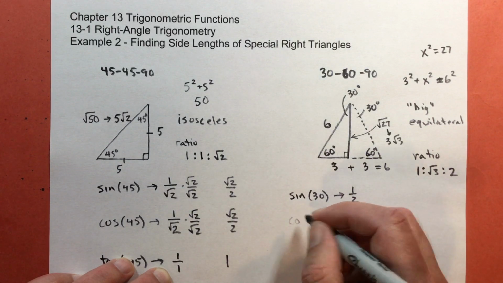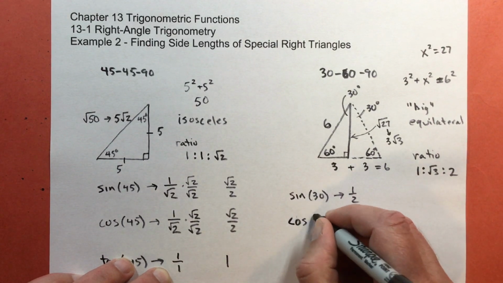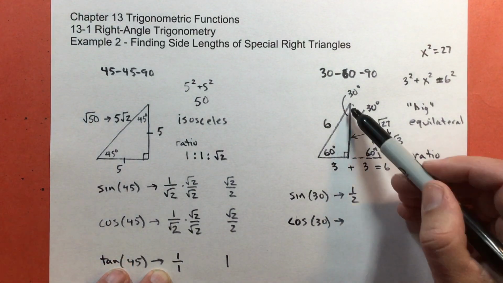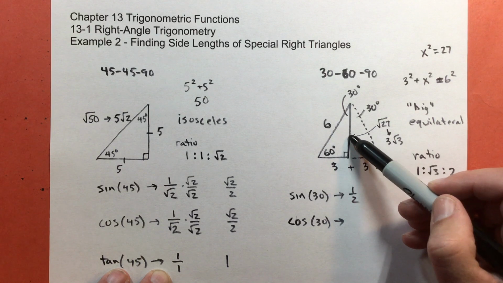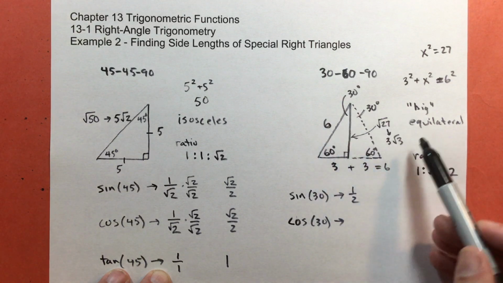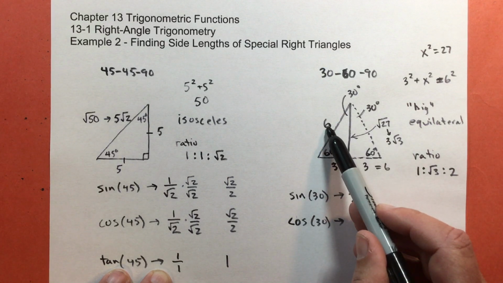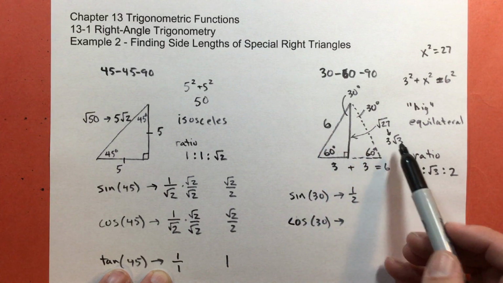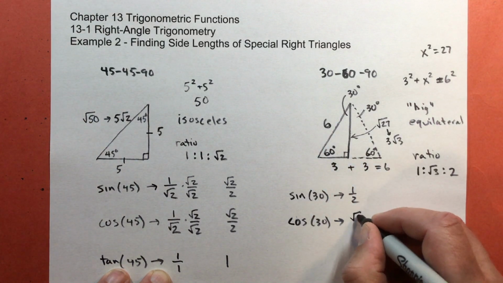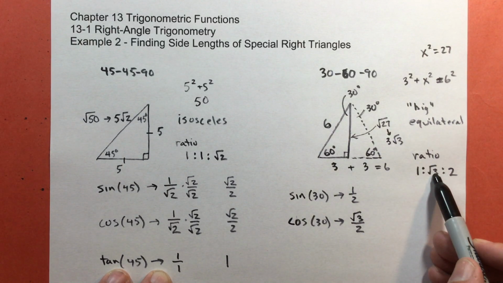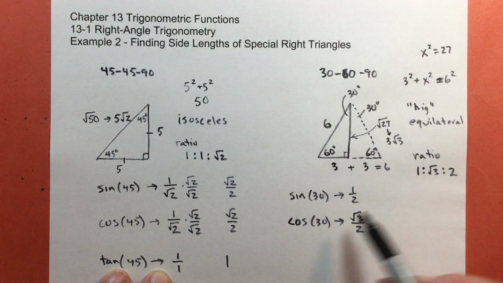The cosine of 30 degrees is going to be, and here's my 30, the adjacent side over hypotenuse. Adjacent is 3 times the square root of 3. Hypotenuse is 6. That's going to simplify to square root of 3 over 2. It's the long leg over the hypotenuse for the 30 degrees.